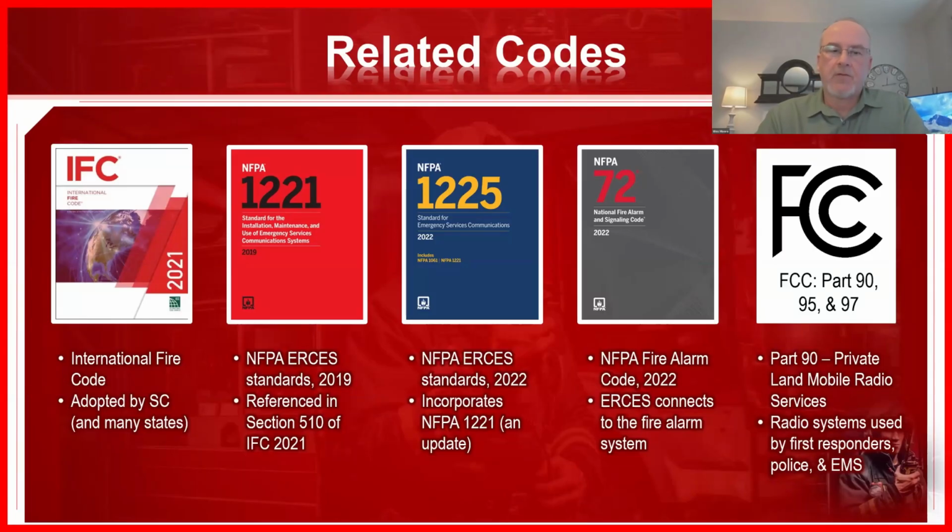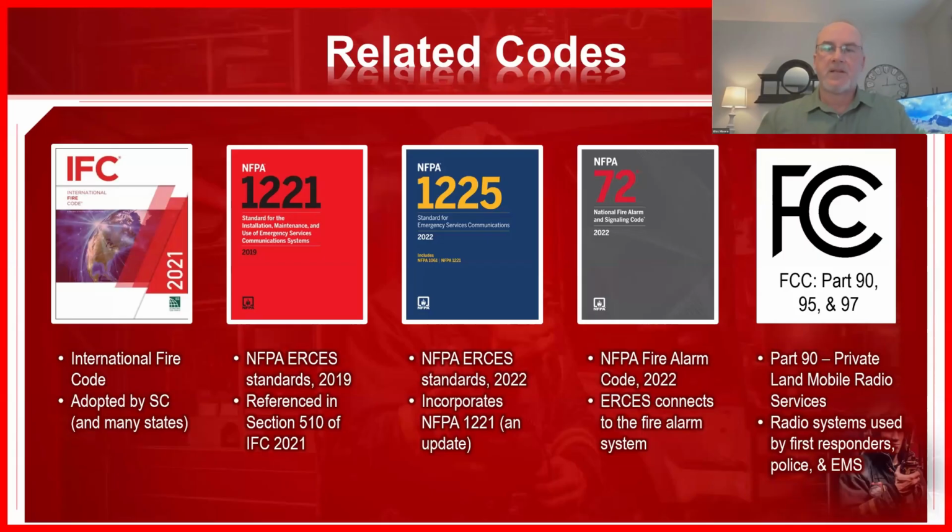That's the NFPA 1221 and the NFPA 1225. Not to confuse you, but the IFC 2021 will reference these two sections for Public Safety BDA. So when you're talking about what the codes are for Public Safety BDA, you really have to look at the NFPA 1221 and 1225.